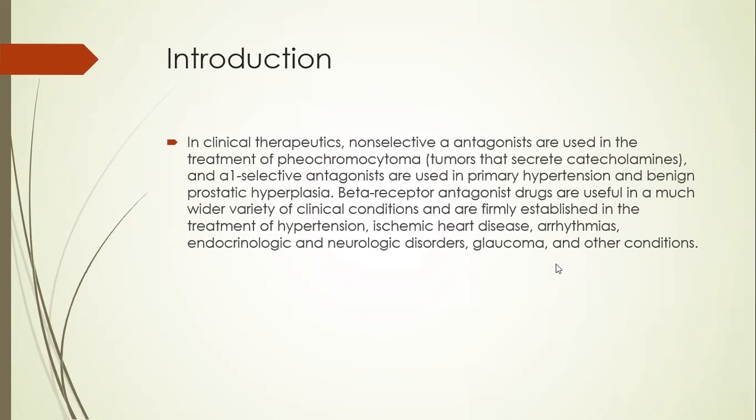The beta antagonists we will consider only as an introductory part, but later the beta antagonists will also be covered with their own lecture. I will upload it to my YouTube channel, and you'll be able to watch those videos too.